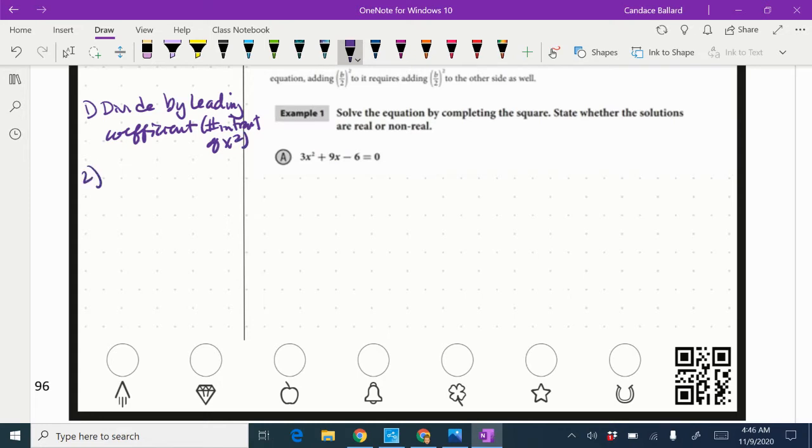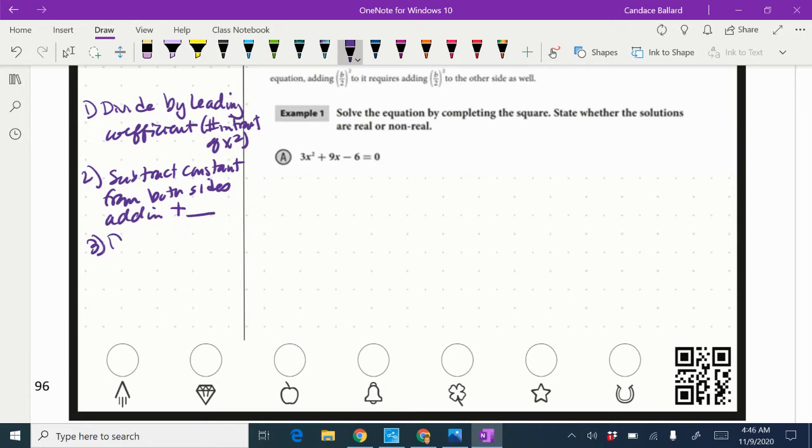And then we're going to subtract the constant from both sides. And when we do that, we add in plus blank.